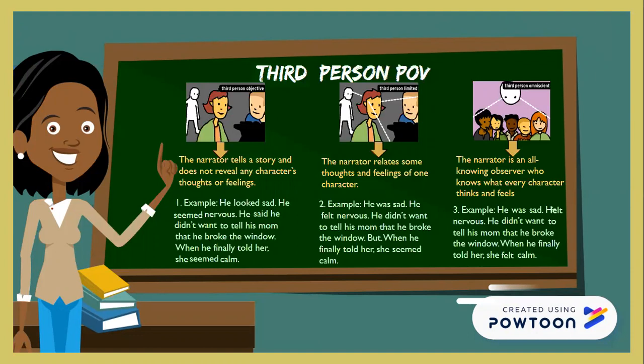Some words to let you know that the narrator doesn't exactly know the character's thoughts or feelings are. Look at the first sentence. He looked sad. Second one, he seemed nervous. And then let's look at the mom. She seemed calm.